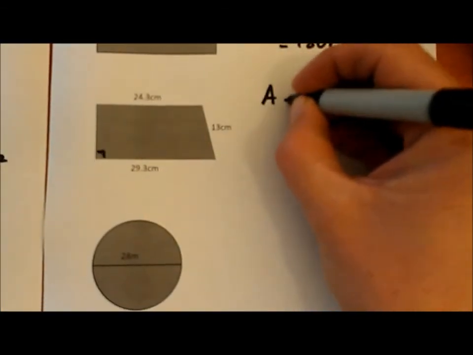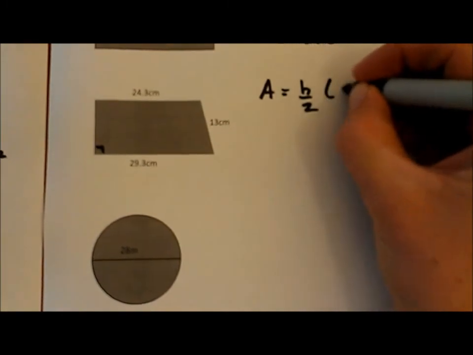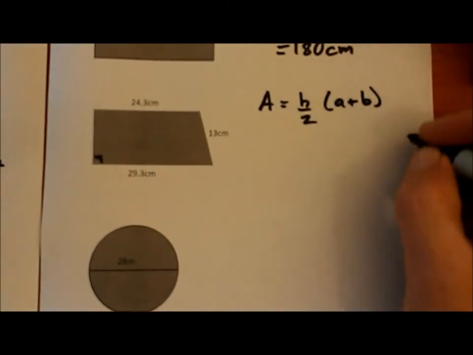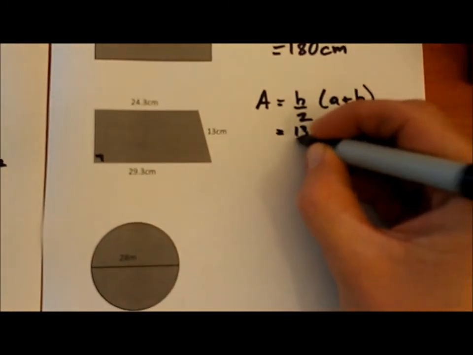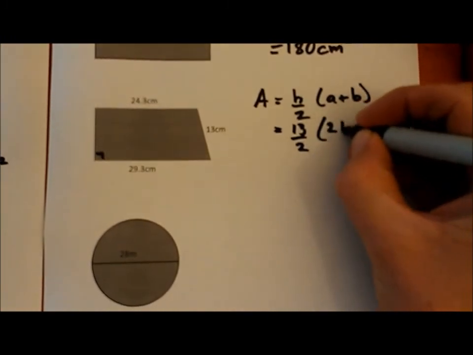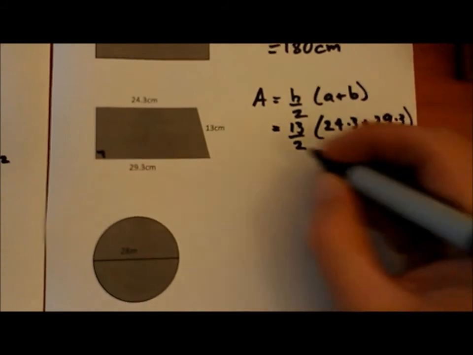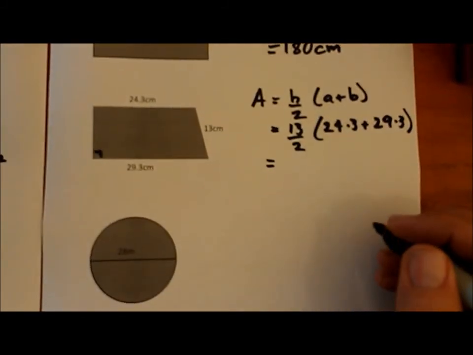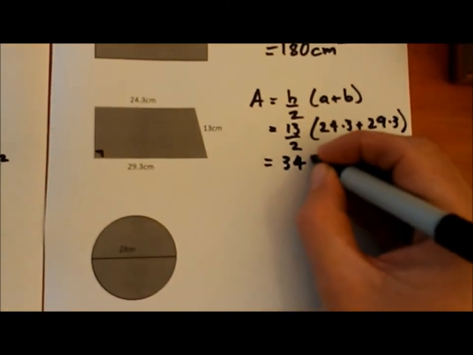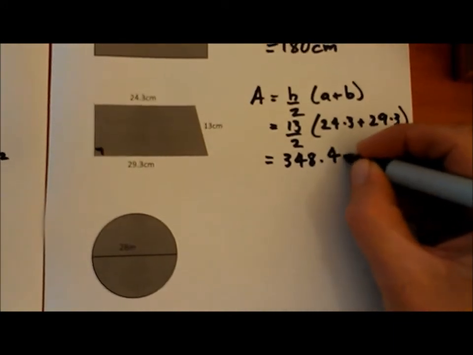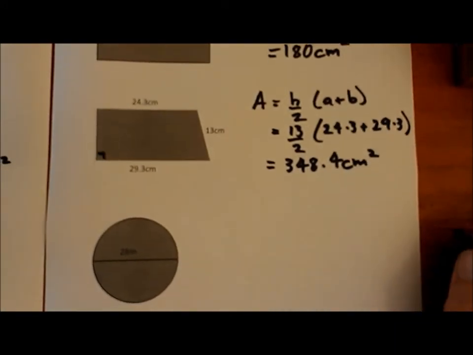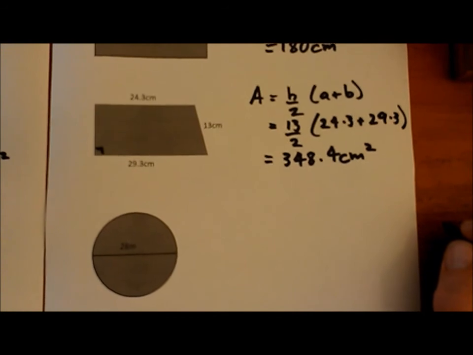Trapezium area is h on 2, a plus b. So in this case I've got 13 on 2, lots of 24.3 plus 29.3. If I do that calculation, I should get 348.4 centimetres squared.